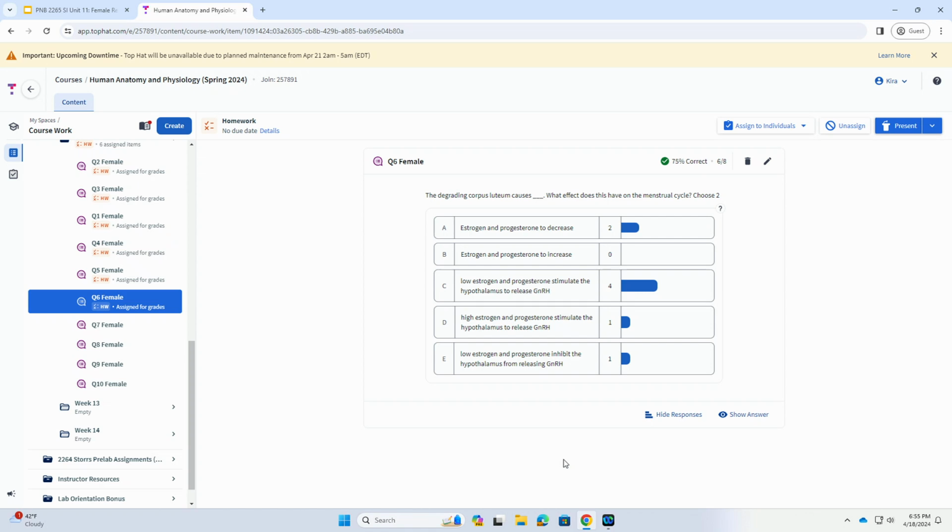Decreasing progesterone and estrogen leads to increasing GnRH from the hypothalamus, which leads to increasing FSH from the anterior pituitary, which leads to increasing estrogen from the follicle.